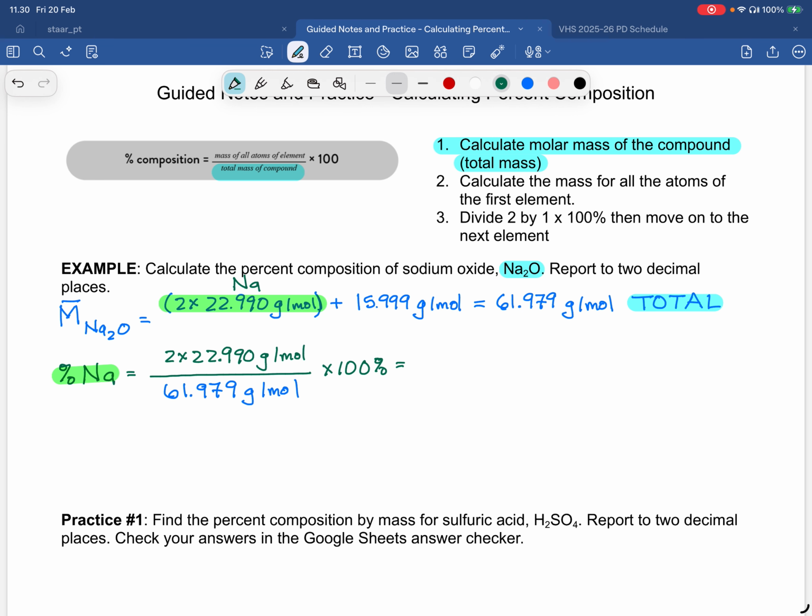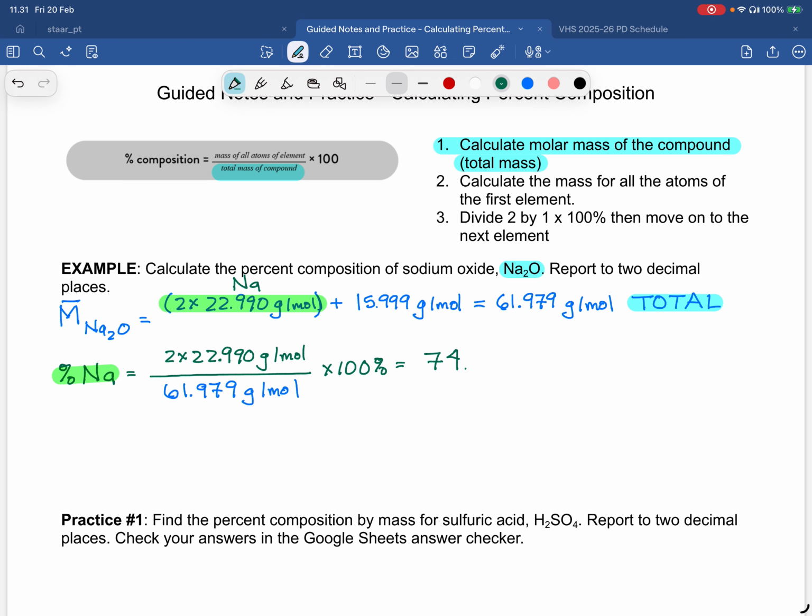And I'm going to go ahead and do that calculation. Actually, I'm going to do it now real quick and see if we have some rounding issues. So 2 times 22.990 divided by 61.979 is equal to, multiplied by 100. Okay, this is a good time to do this.